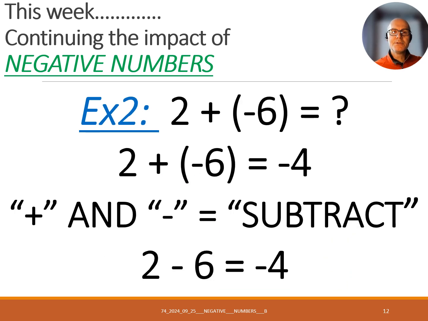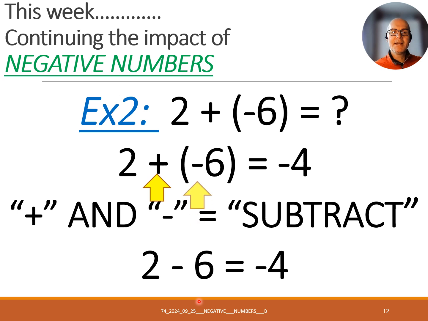We have this one here, 2 plus -6. So here we have a plus and a negative. So when we're adding a negative, that changes to a subtract.